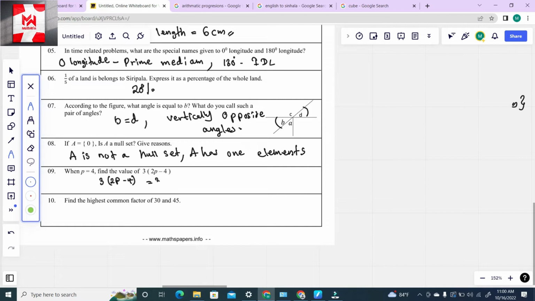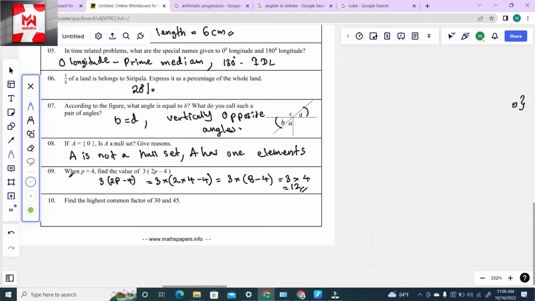You have to get the final answer for the brackets first, then 2 into P, which is 4, minus 4. Then 3 into 2 into 4 is 8, minus 4, then 3 into (8 minus 4) is 4, then 3 into 4 is 12. The answer is 12.